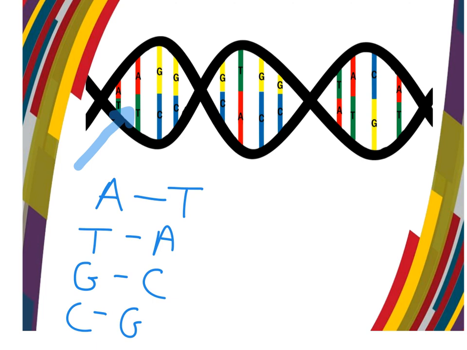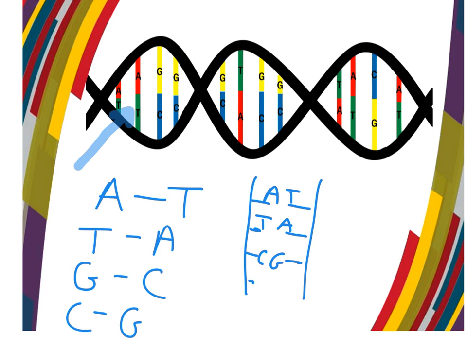If you have an A on one strand of your ladder, on the other side there will always be a T. If you have a T here, on the other side you would have an A. If you have a G, you would have a C, and so on. And that would never change.